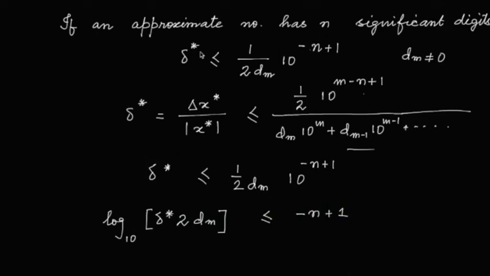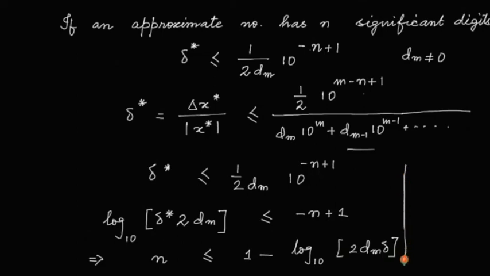Or you can write alternatively n, which is now the significant digit again, should be lesser than or equal to 1 minus log 10 of. Fine. So this is just combinatorics which led us to this point. Any questions so far here?